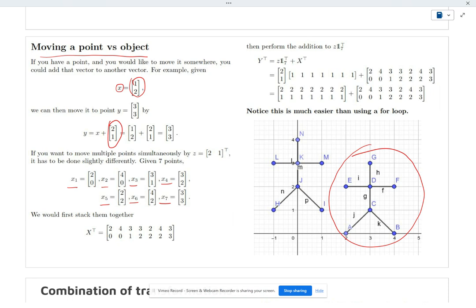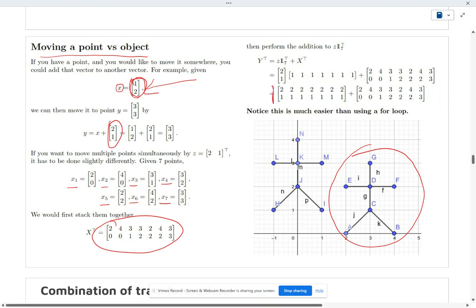If we want to add this to this, the dimension has to match. So the way you could do it is you take this, which is how much you want to move by, and multiply it by the one vector. Once you do this outer product, it becomes like this.